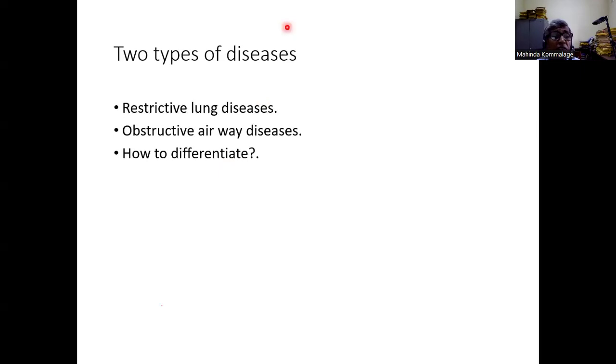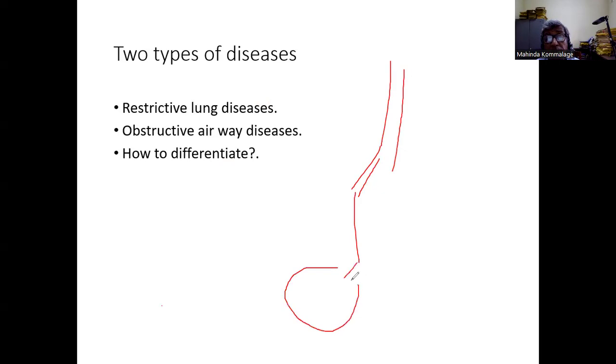Restrictive lung disease. Let's say this is the airway, and then it branches, then further branches, and finally connects to the alveoli, right? So the airway is connected to the lung. There are two types of disease: obstructive airway disease, so basically airway obstruction, right?